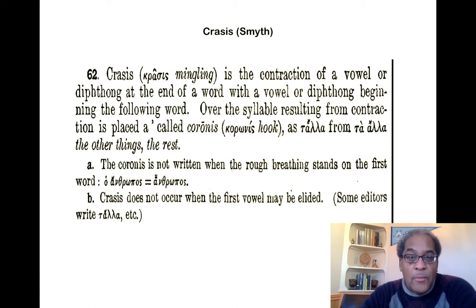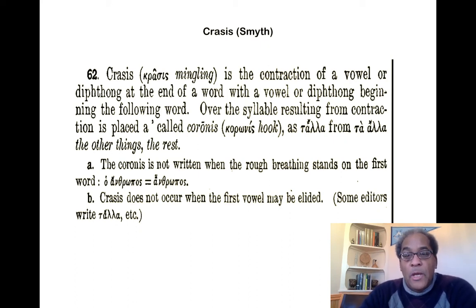So ho anthropos: you simply get the change over the alpha from a smooth breathing to a rough breathing, to tell you that there's been a crasis of the omicron and the alpha.